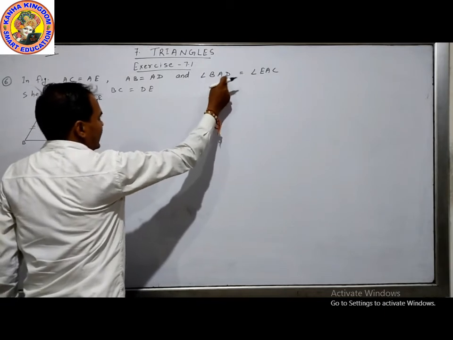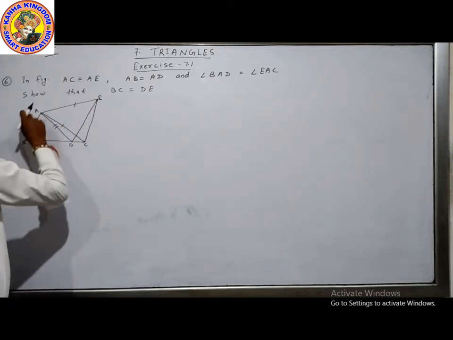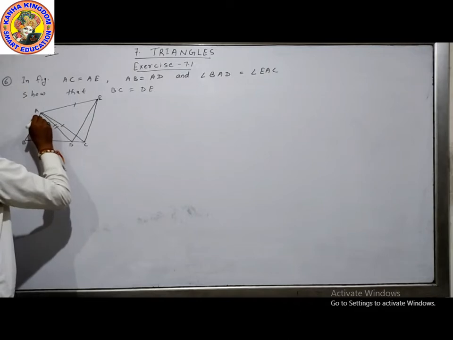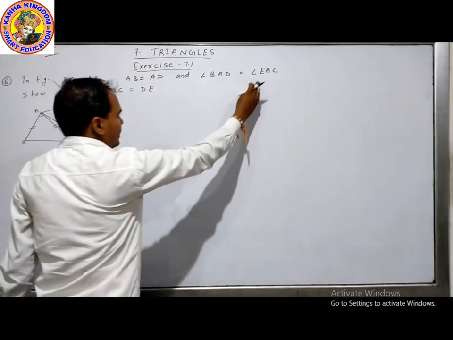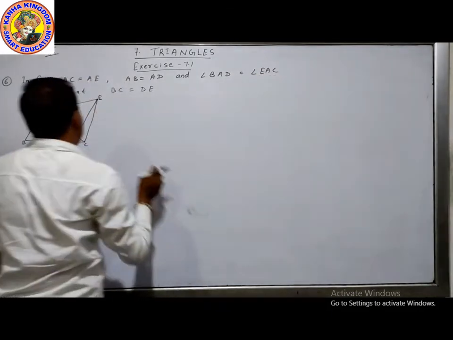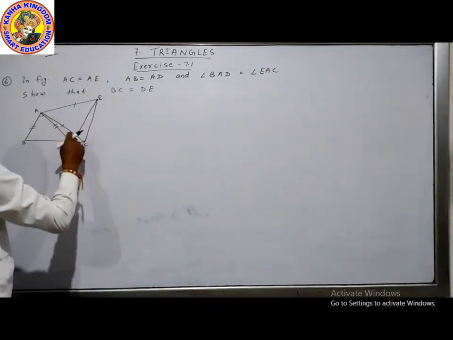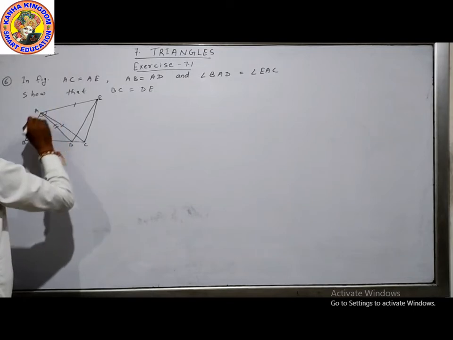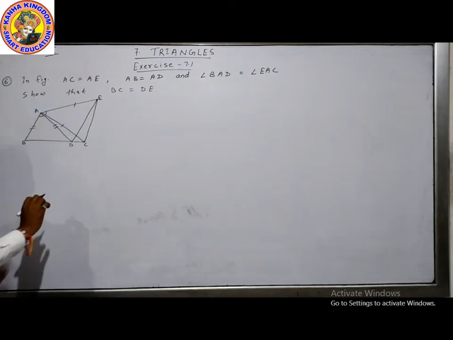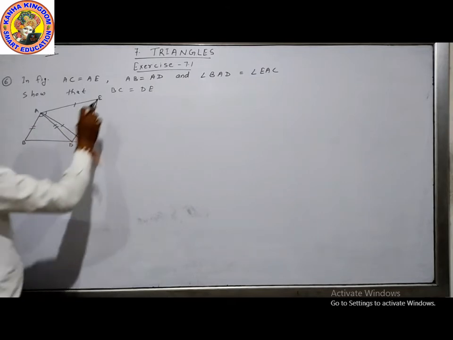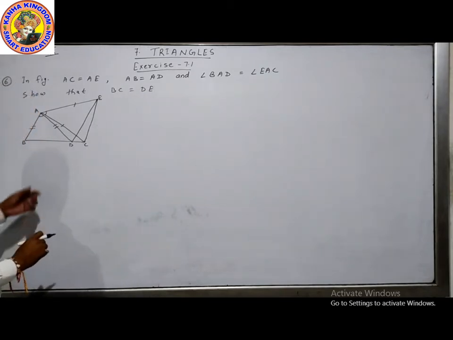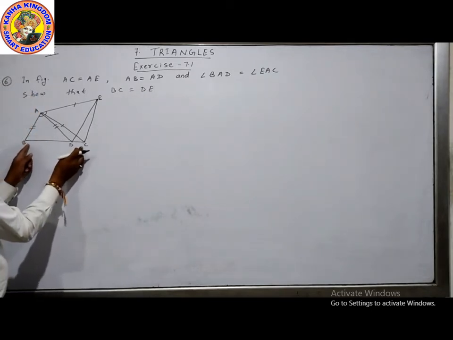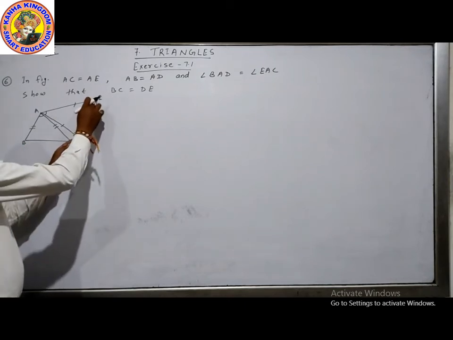Angle BAD, this small angle, and another angle EAC, are equal as given in the question, so we have to prove that BC and DE are equal.